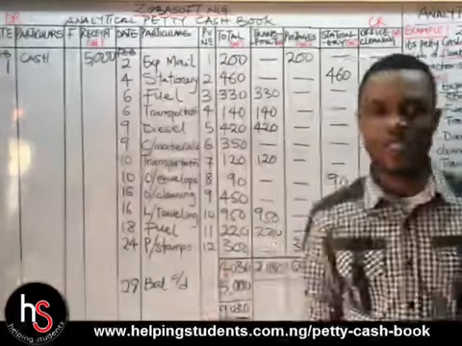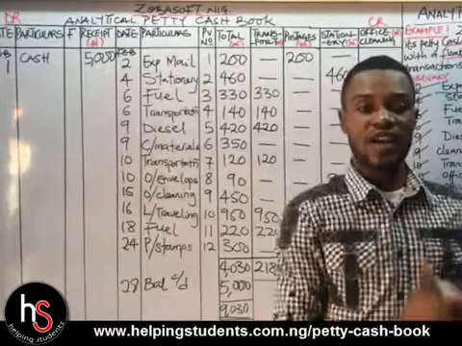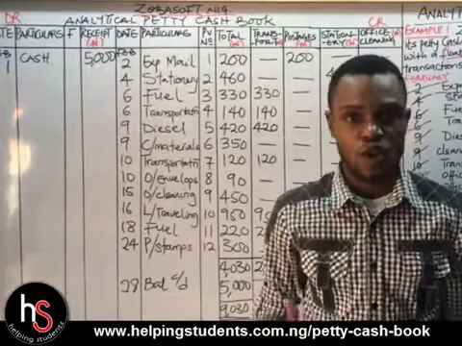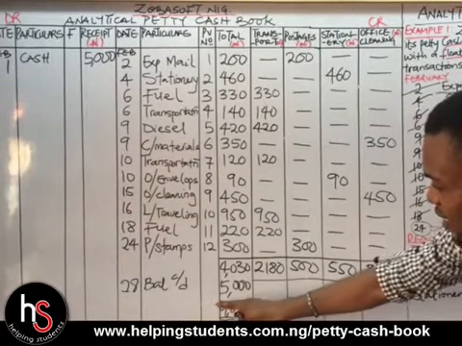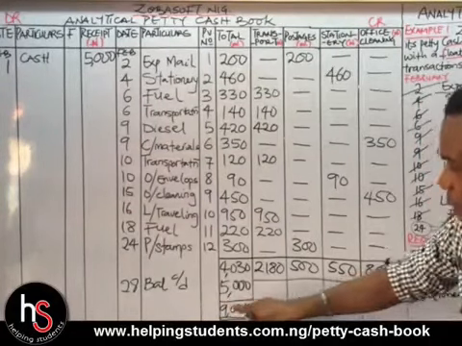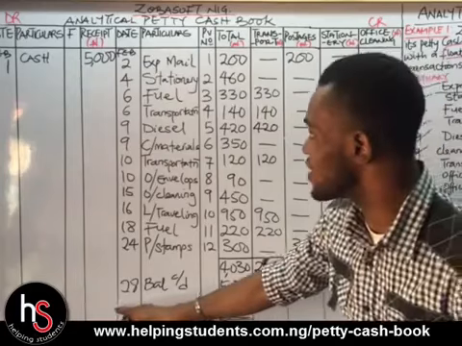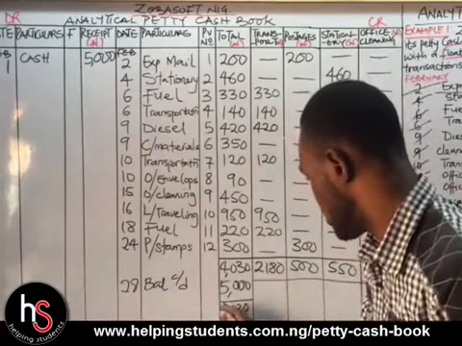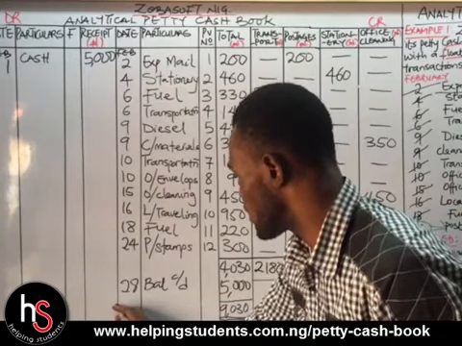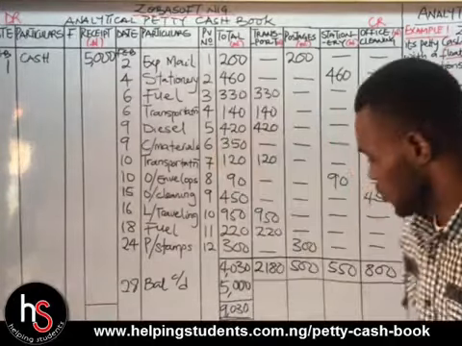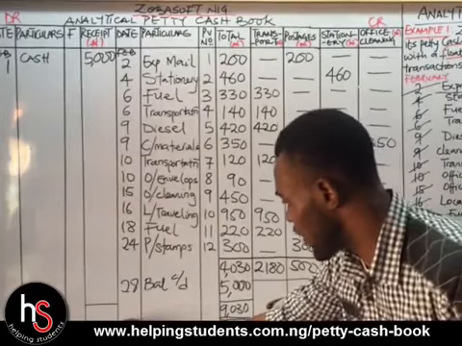But remember, in accounting, both the debit side and the credit side must give you the same balance. So let's move over to the debit side. What do we do now? Take a look at this line where we ruled from. You trace the same line down to this section, to where you have your receipts, and you rule. This is the closing value, right?